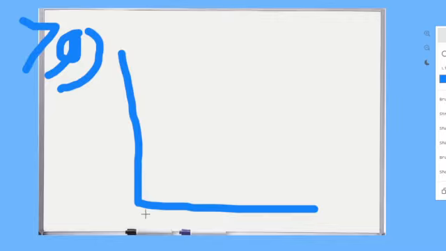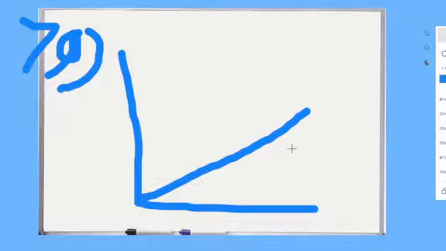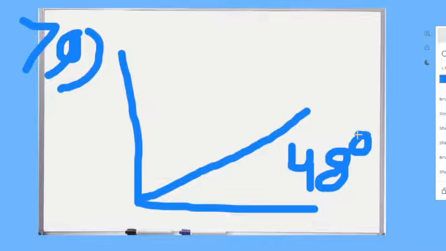And one angle has a measure of 48 degrees. We're going to have a variable for the other angle. So that variable is going to be v degrees.